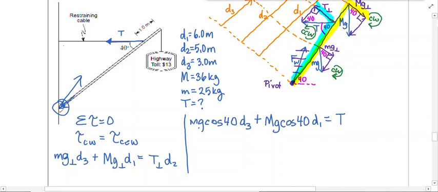Now look at the tension here. T perpendicular, tension perpendicular is opposite the 40. Opposite over hypotenuse is sine 40. And don't forget that D, D2.